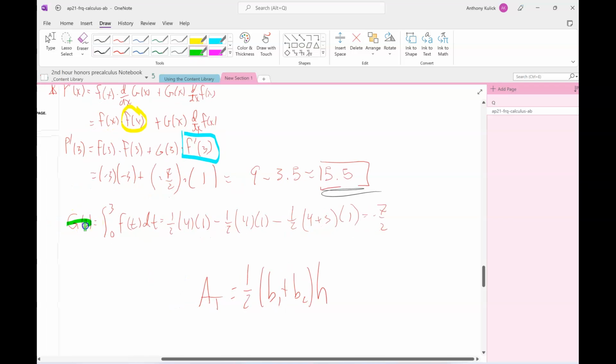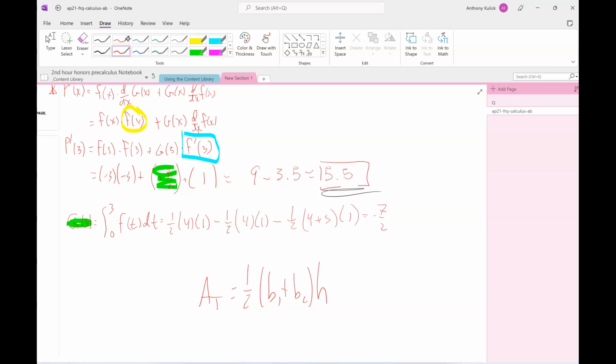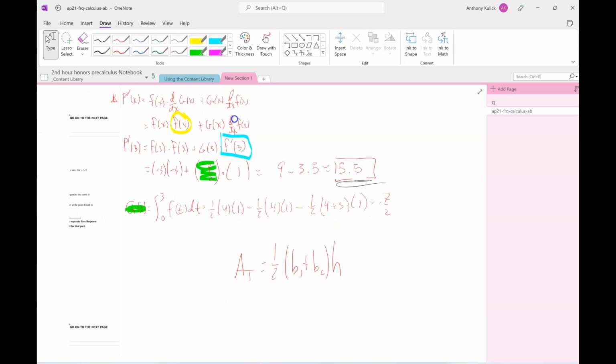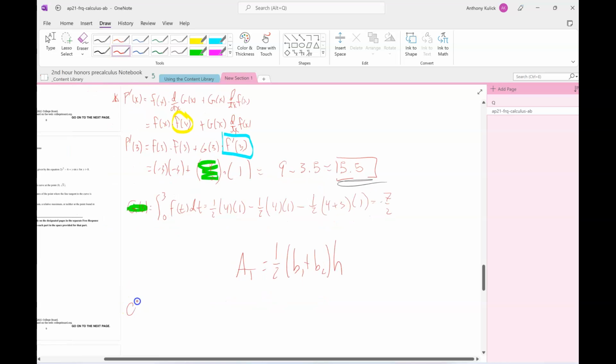So then it's 7/2, or -7/2 plus 9. So the answer is 11/2? Yes, 11/2.